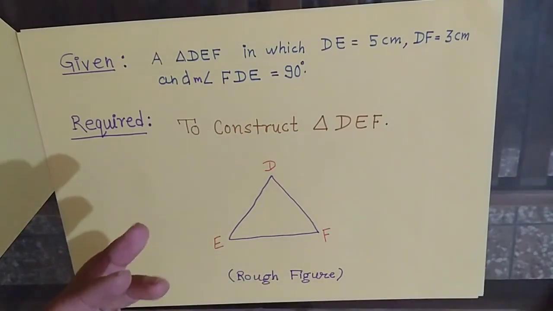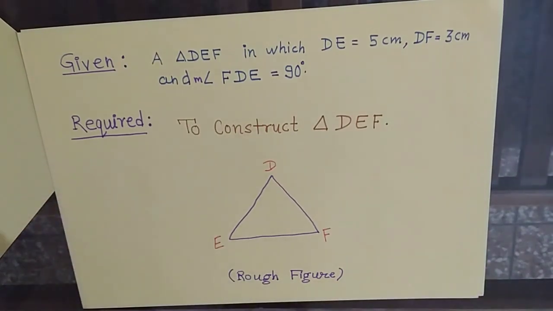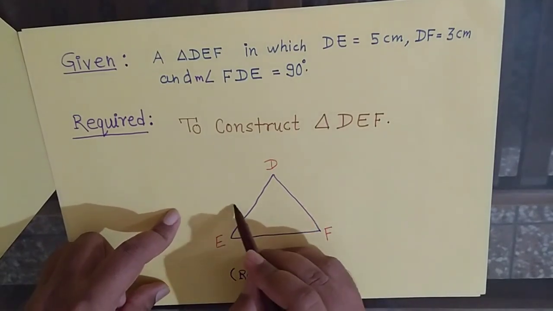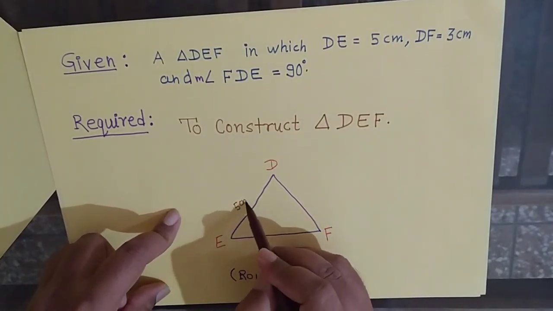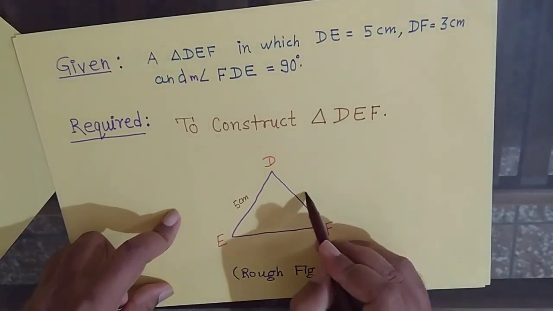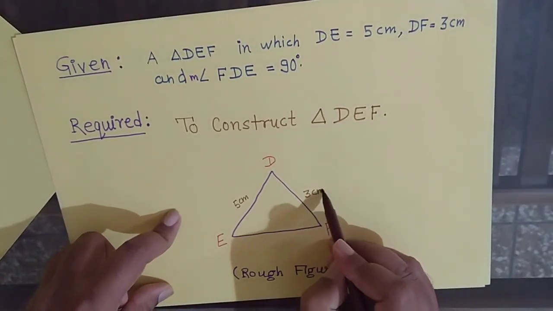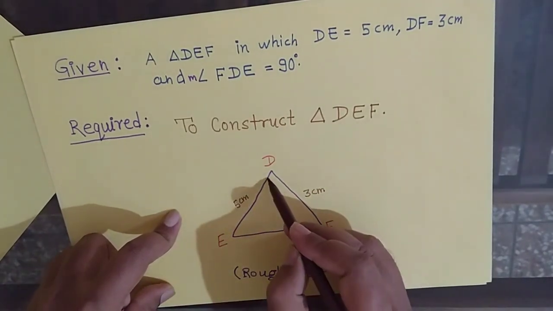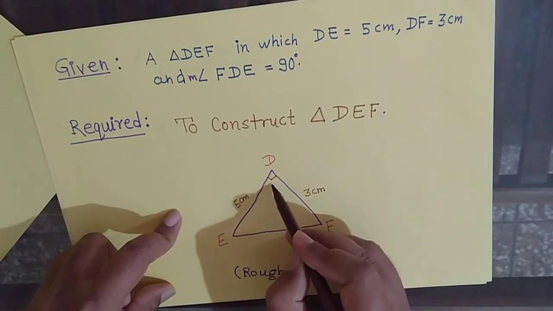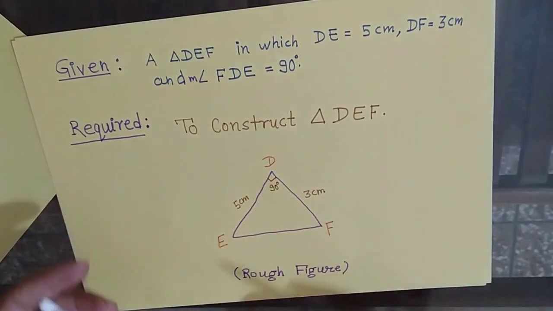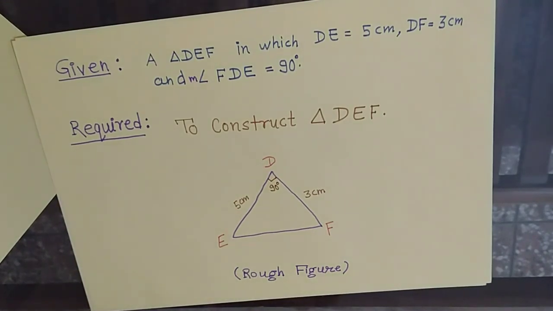In this triangle DEF, the measurement of side DE is 5 cm. The measurement of side DF is 3 cm. And angle FDE is equal to 90 degree. It is the rough sketch of the triangle DEF.